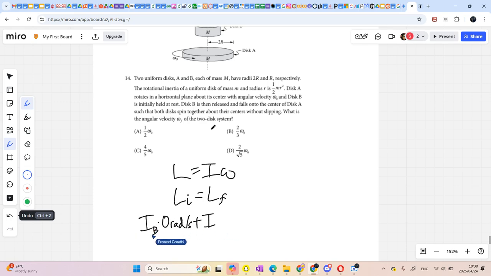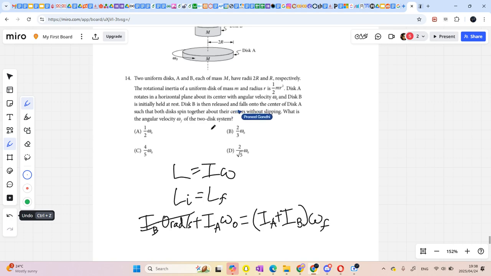Okay, plus I_A times omega naught. So this is just 0, and then on the final side, we have their combined moments of inertia, and they're moving at a final velocity together.